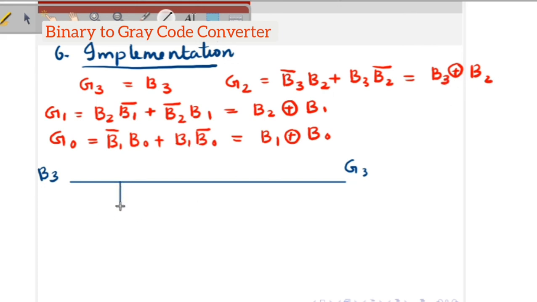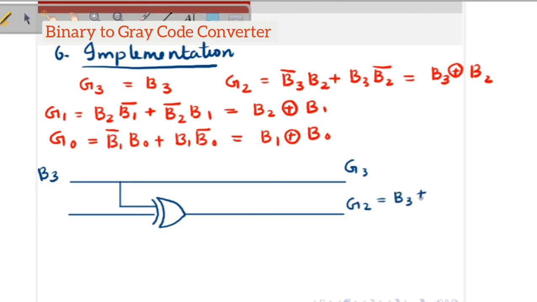So take this B3 and input B2, then XOR those two inputs. Okay, so here it is G2. G2 is equal to B3 XOR B2. So here it is B3 itself. So this one is B2.